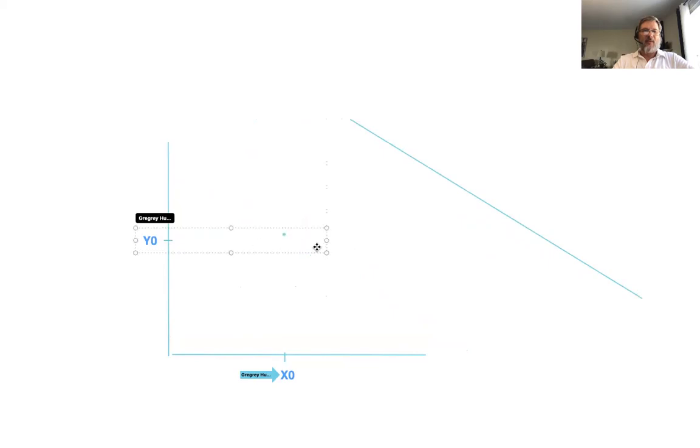It doesn't want to let me pull it. I can change the size, I just can't move it. Oh, there we go. Okay, so I just pull that over here for a minute.